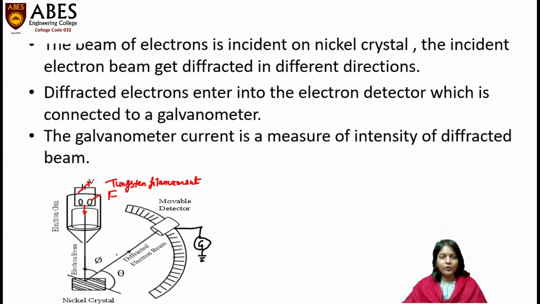The incident electron beam gets diffracted in different directions. Diffracted electrons enter the electron detector, which is connected to the galvanometer. The galvanometer current is a measure of the intensity of the diffracted beam.